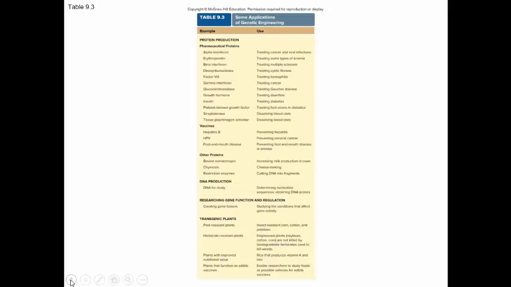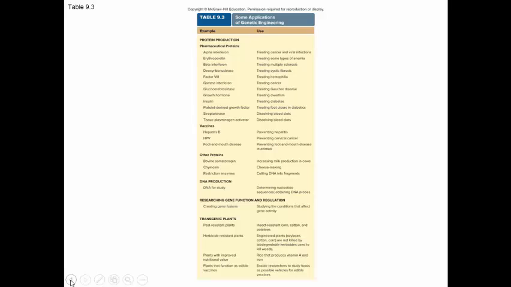And you can see this: transgenic plants, DNA for study, a variety of proteins, whether it's chymosin for cheese making, bovine somatotropin, which is for increasing milk production in cows, the vaccines for hepatitis B, HPV, and foot and mouth disease, a variety of pharmaceutical products, alpha interferons, gamma interferons, growth hormone, insulin.